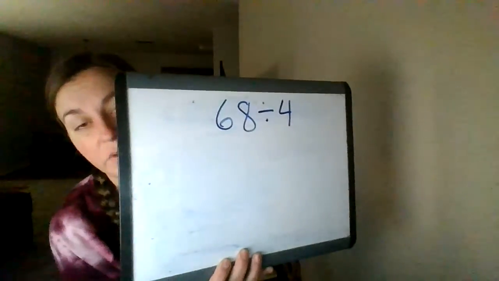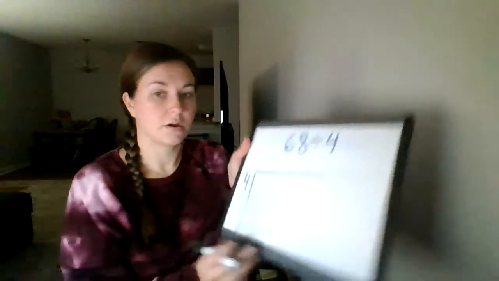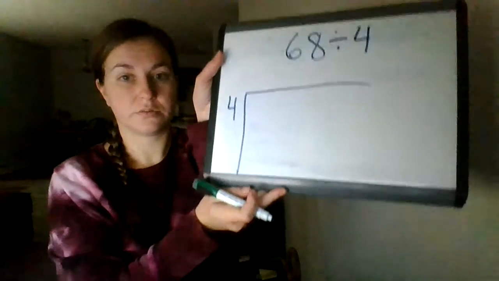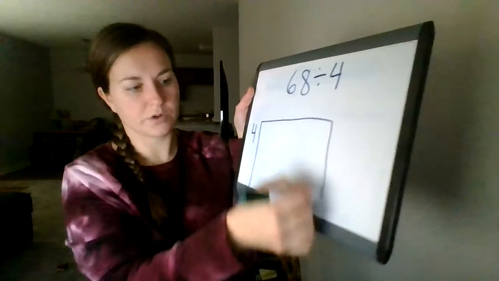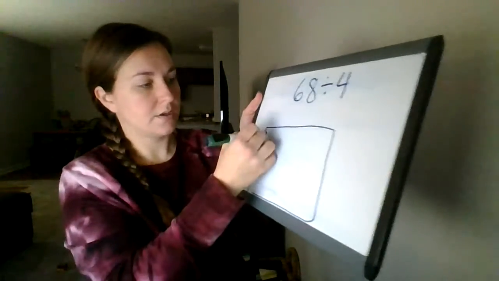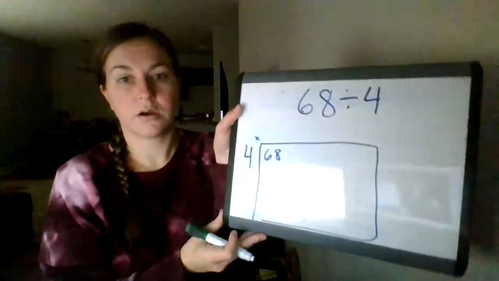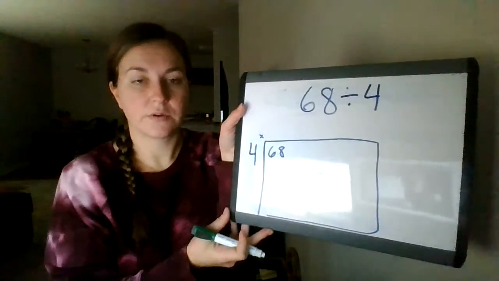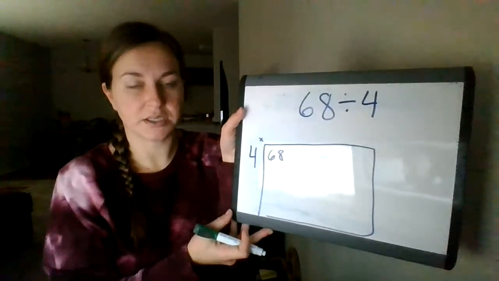I'm going to go ahead and create my little box, and I haven't finished it because I don't know how far over I need to go, but if you want to go ahead and finish it, you can. All right, so then I'm going to estimate what times 4 I know I can get as close to 68 as possible.